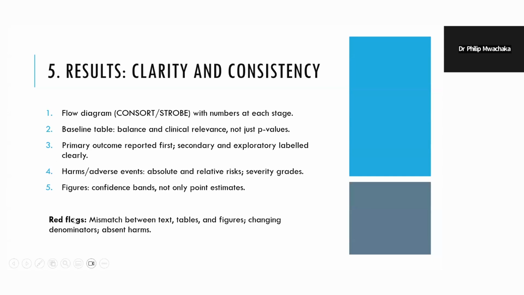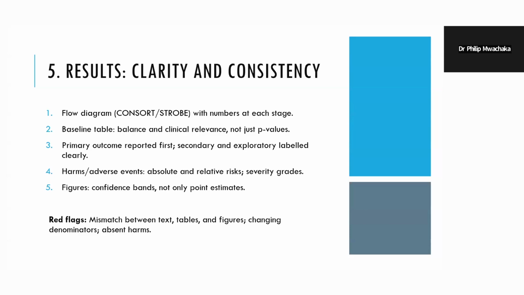And then other things that need to be clearly stated are adverse events. This is more so for studies that involve some intervention. We need to always report the adverse events. We should not hide them. I know people would like to hide them. You can have an intervention that has very good results, but maybe had a few adverse events.